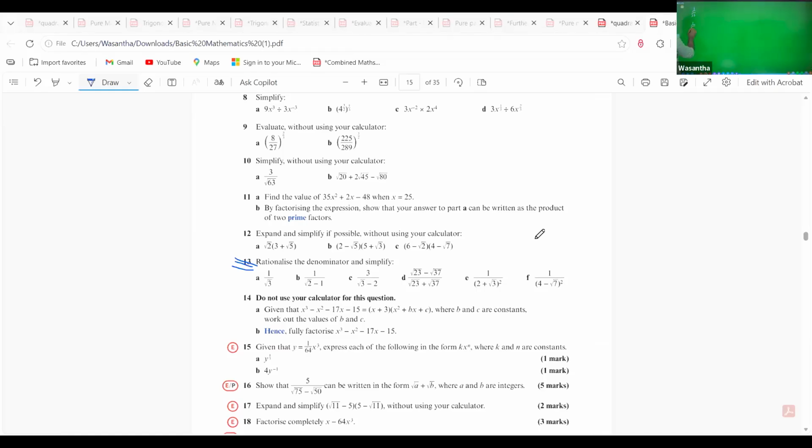One over root 3, 1 over root 2 minus 1, 3 over root 3 minus 2, root 23 minus root 37 over root 23 plus root 37. Then finally, 1 over 2 plus root 3 squared, and the last one.